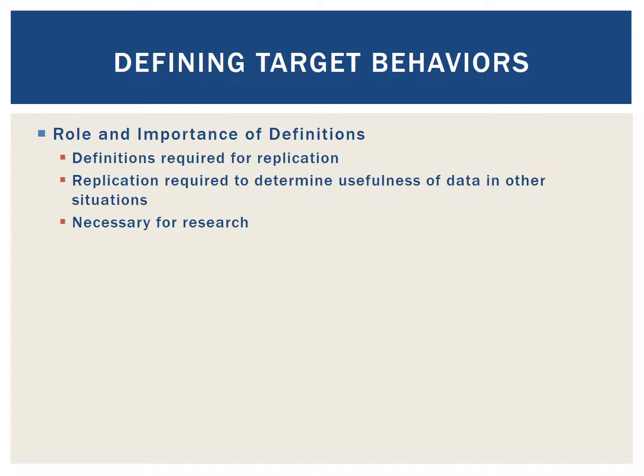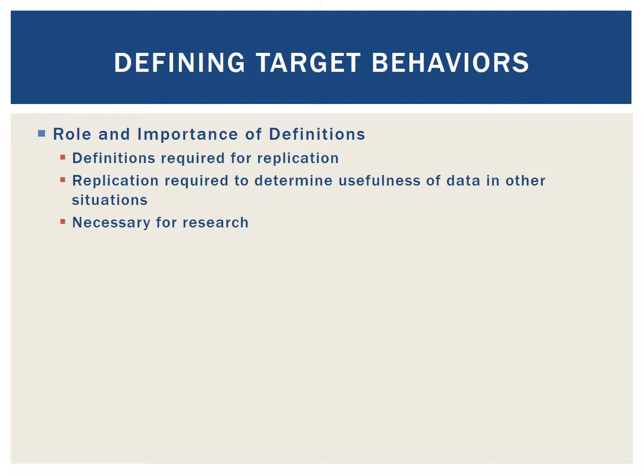Clear definitions are important for replication. So if someone's going to replicate a study, they need to be able to define behaviors in such a way that they know they're measuring the same thing as the researchers in the study being replicated.